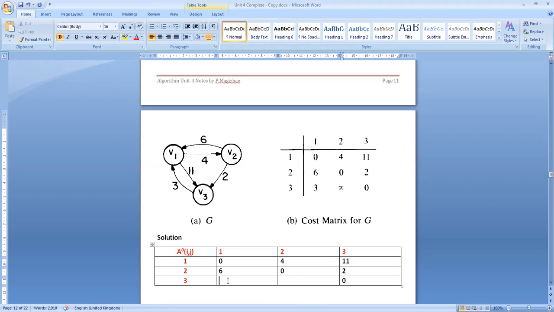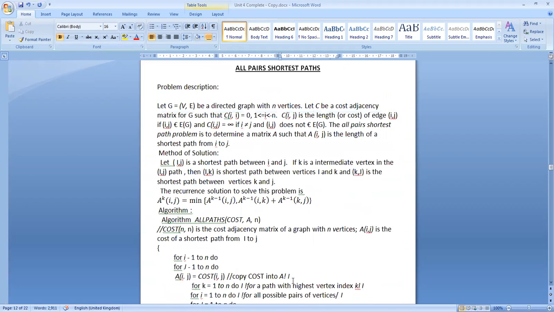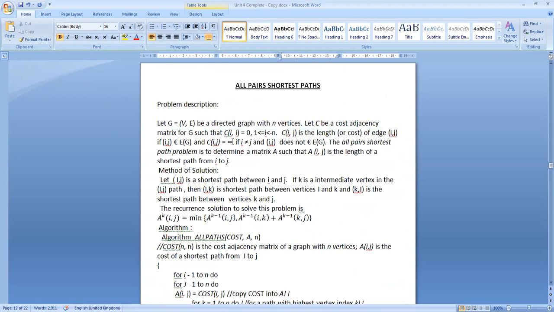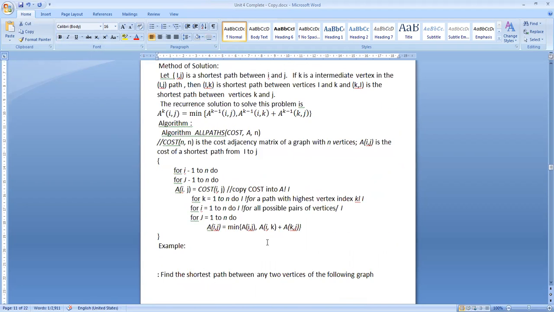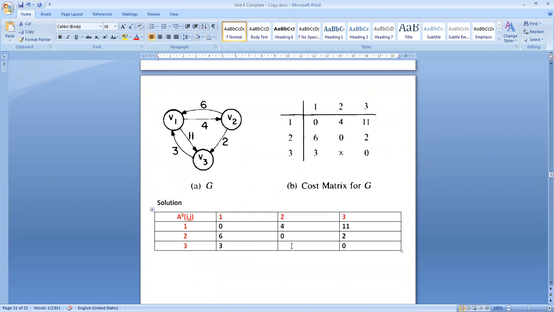Then 3 to 1 is 3, and 3 to 2 is infinity. I simply mark it with the infinity symbol here.